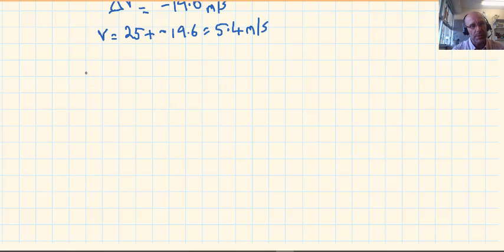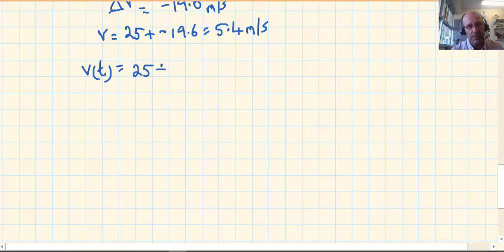So in this case we need to think, what is that v of t function? If we always have that same projection speed and up is positive, we'll have 25 plus the integral from 0 to whatever t is of negative 9.8 dt. That's always going to be the case for us.